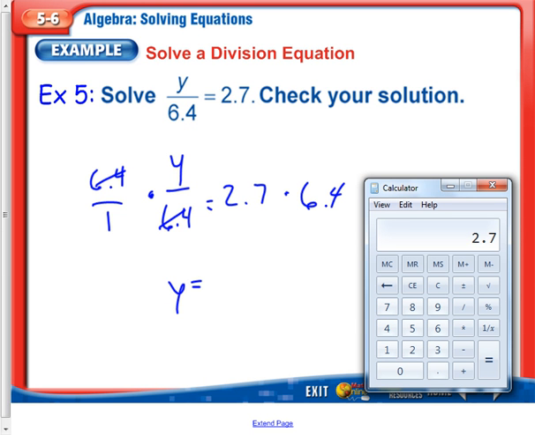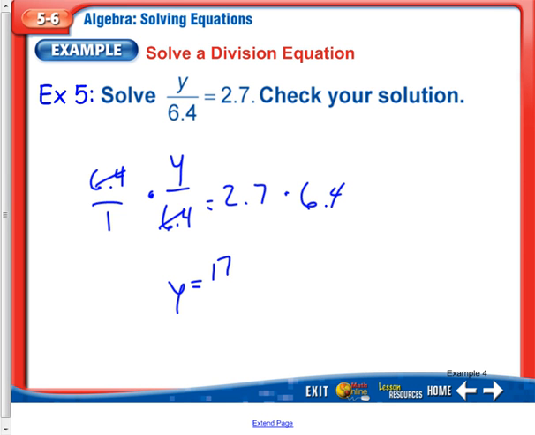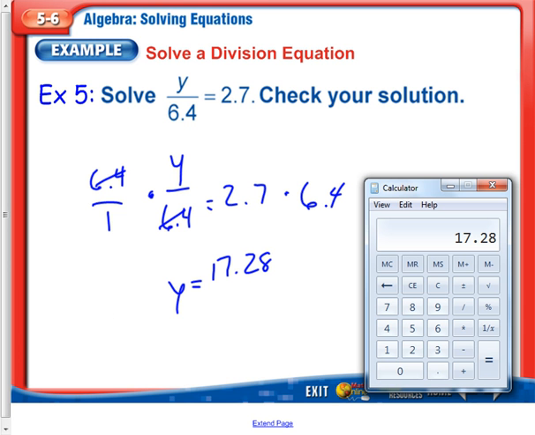We get 2.7 times 6.4, and that gives us 17.28. And if you want to, now we can check it. You already have 17.28 in your calculator. Go ahead and divide by 6.4 because y is 17.28 divided by 6.4 equals 2.7. So it all works out.